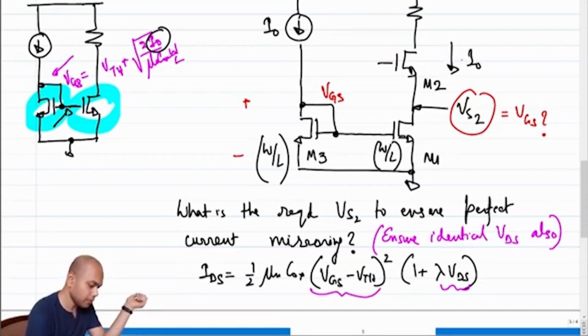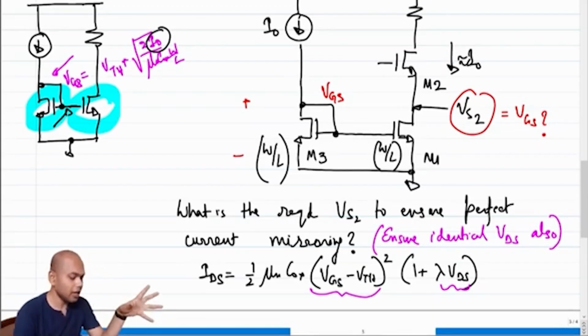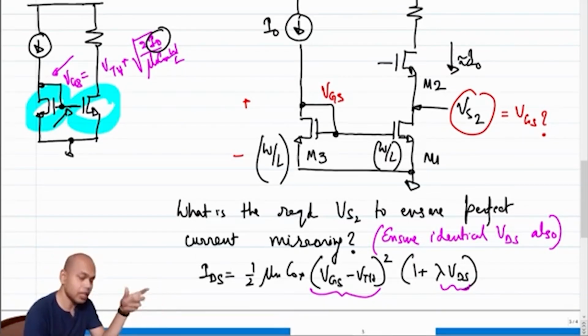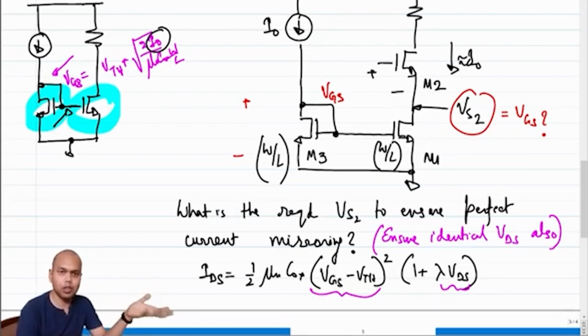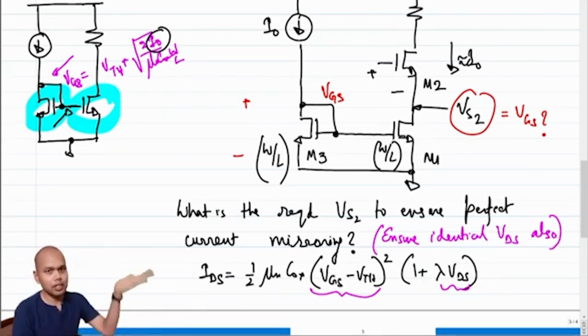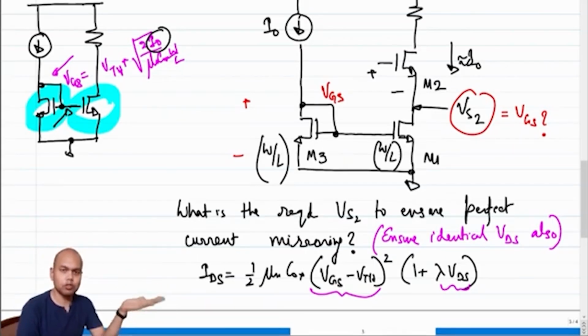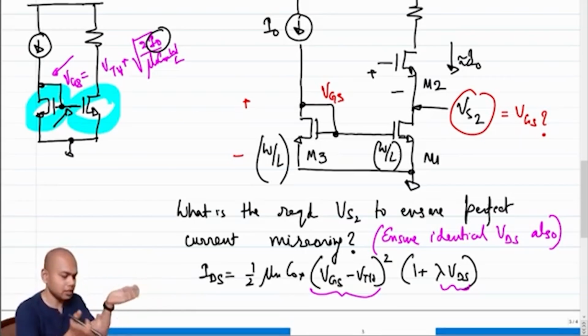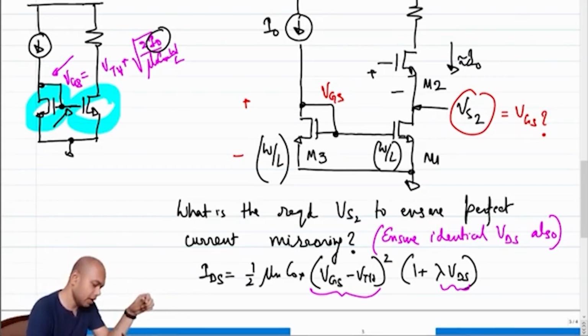This current is expected to be I0 regardless of whatever gate voltage you have, which means the VGS of M2 is constant. Since the VGS of M2 is constant, if you change the gate voltage of M2, the source voltage of M2 will also follow along in the same direction, right?